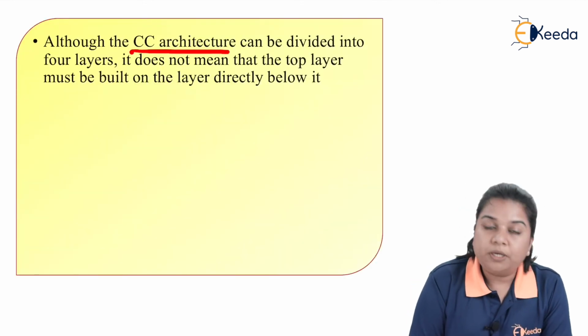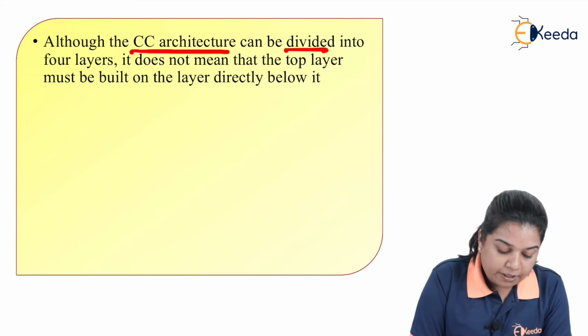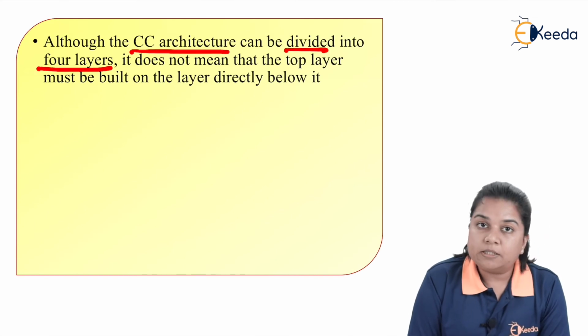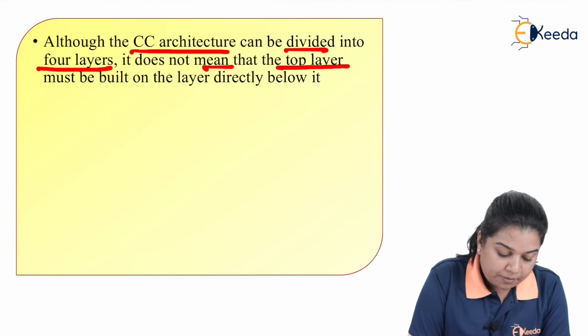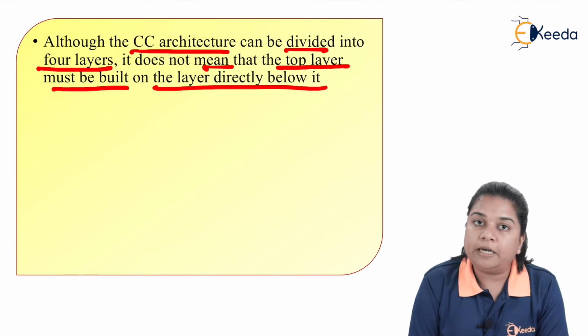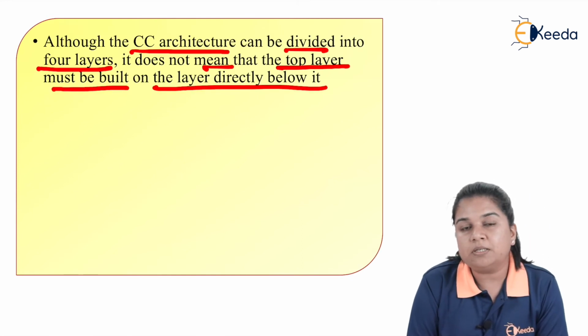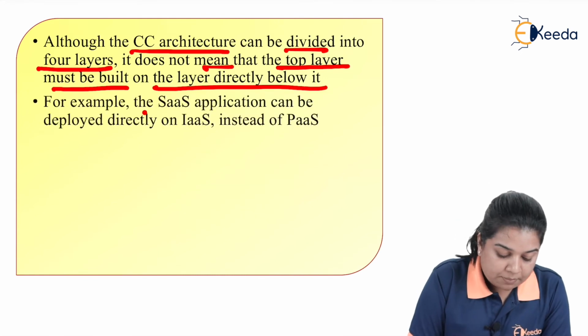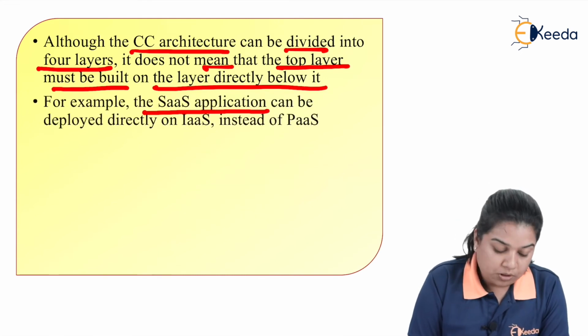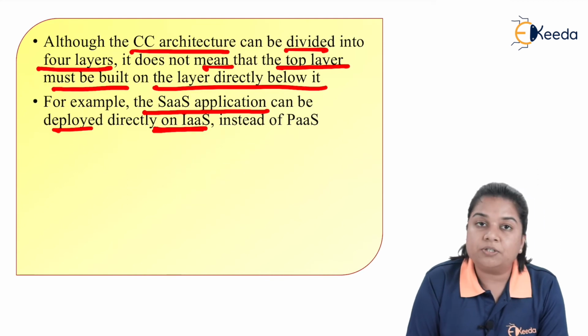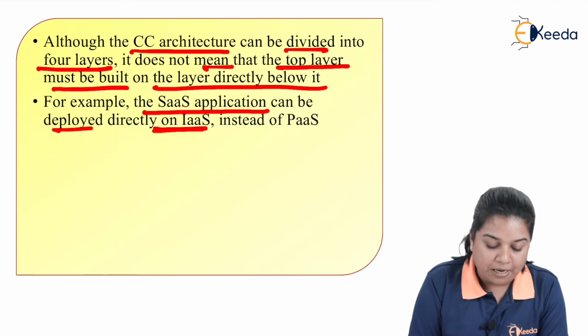Although the cloud computing architecture can be divided into four layers, it does not mean that the top layer must be built on the layer directly below it. That means the sequence is not necessary or compulsory. For example, a software as a service application can be deployed directly on infrastructure as a service instead of platform as a service.